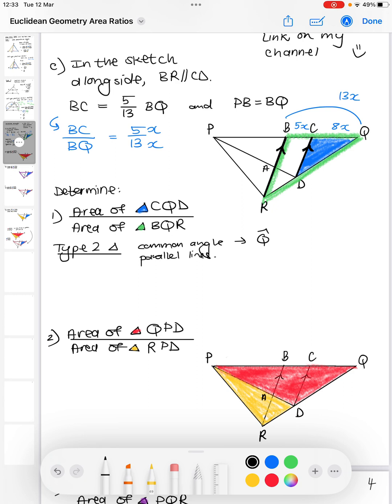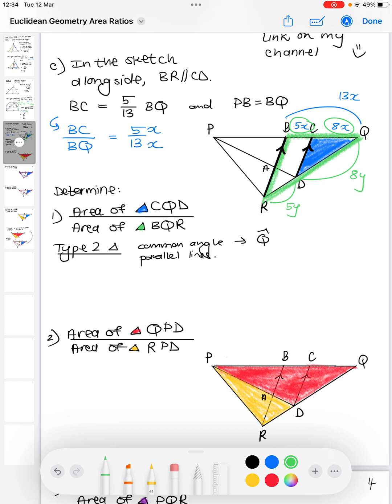Now the first thing that I would do is activate my green pen and say, because we are working within parallel lines, I can say that QD over DR would equal 8y, originating from the 8x, over 5y, originating from the 5x.